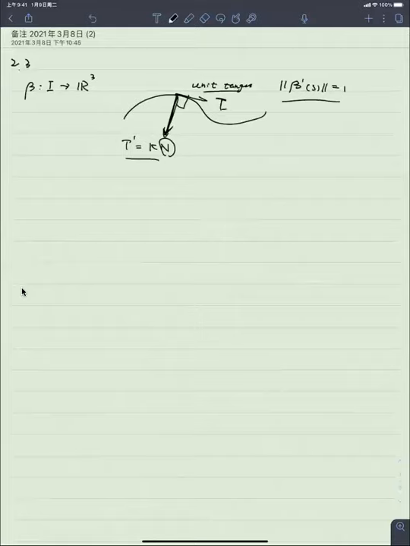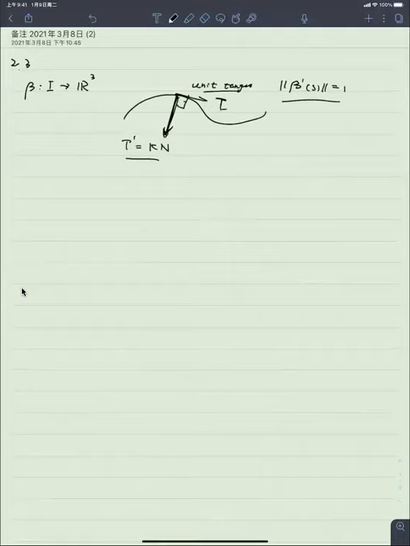So the direction of the derivative of T must be orthogonal to T. Otherwise, there would be a component along the direction of T, so the speed would be increasing or decreasing.